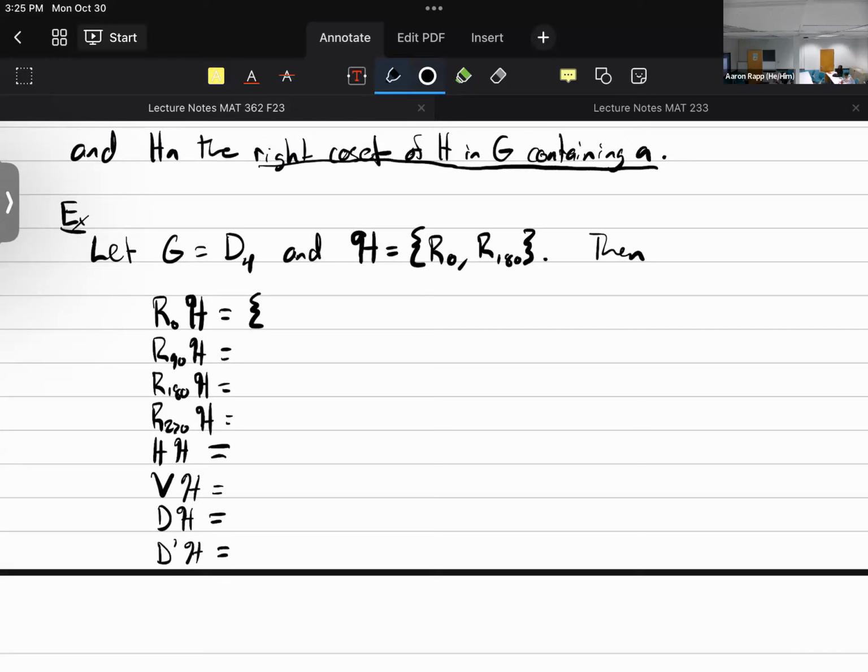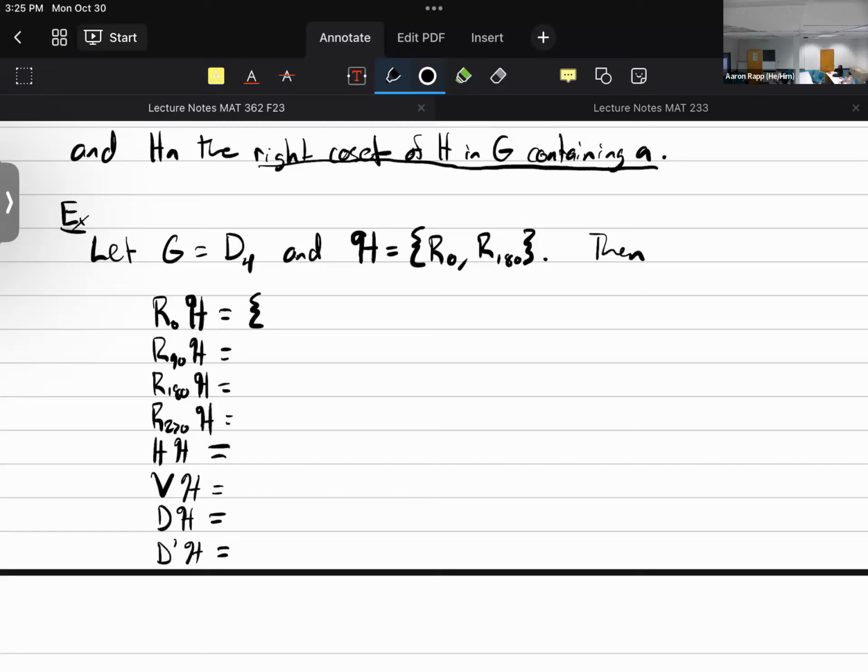So we're going to just go through and find all the left cosets for this set H. And just note that if I wanted to find all the right cosets, it'd be a very similar process. So to find this first left coset, R0 acting upon H, that means I'm going to take every element of H and operate it with R0, so no rotation.